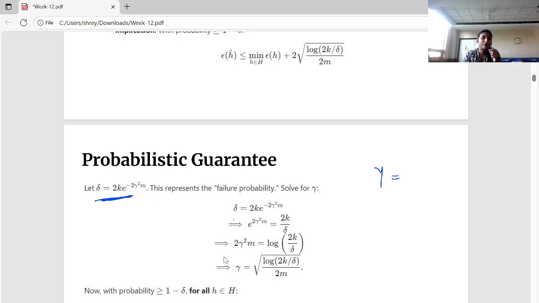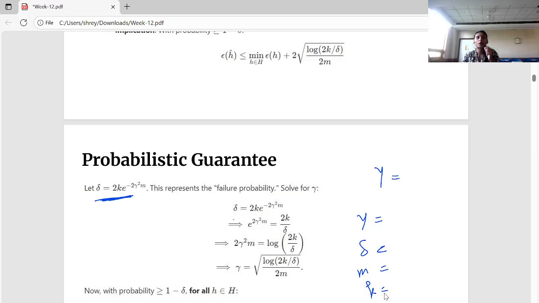And if you shuffle things around, you can calculate gamma is equal to, or delta is equal to, or m is equal to, or k is equal to. In another sense, these four parameters are very important. If any three of the parameters are given to you, using this formulation you can calculate the fourth parameter.